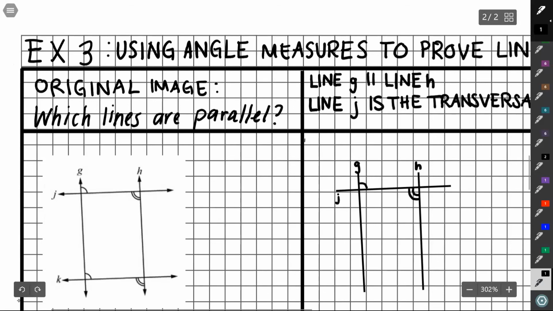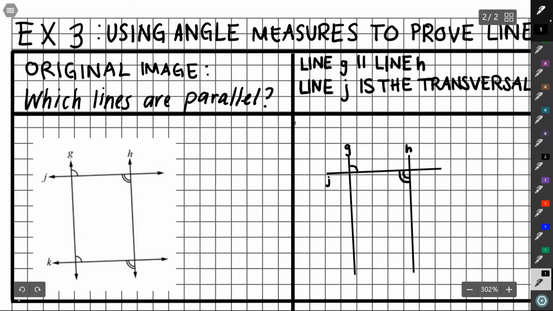So we have 4 lines, and we want to figure out, based on the angle measures or the congruency measures that they give us, which lines are parallel.